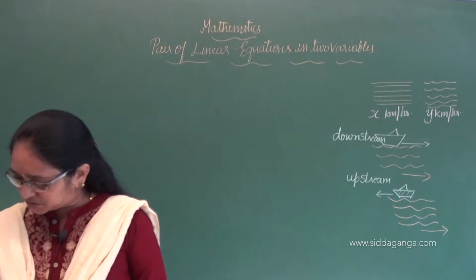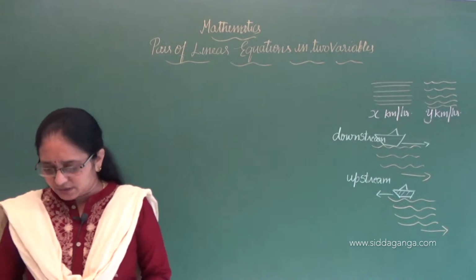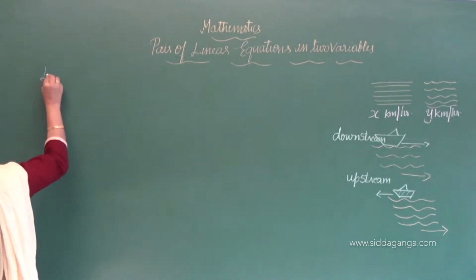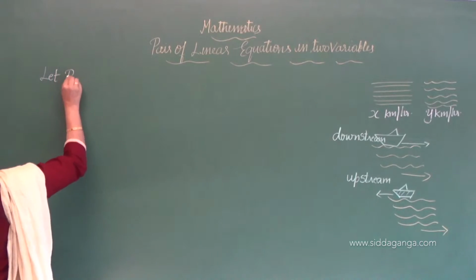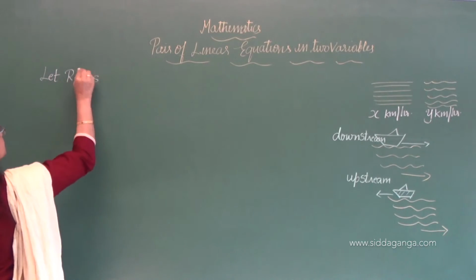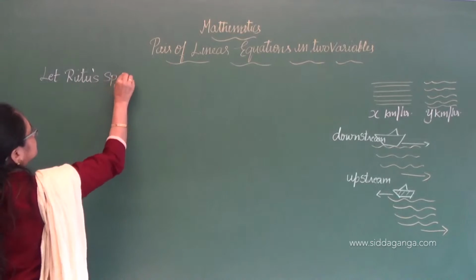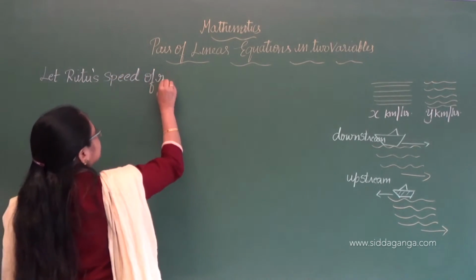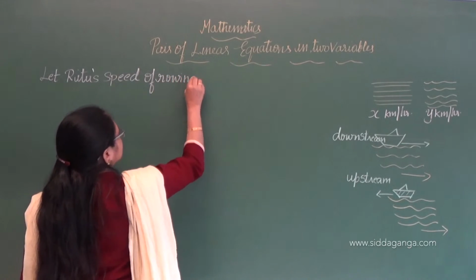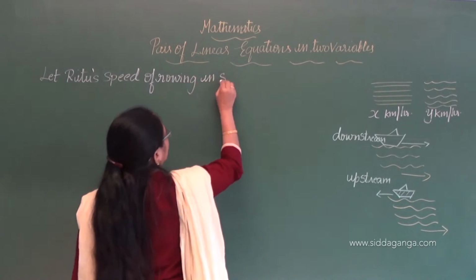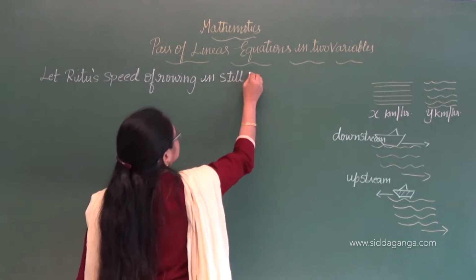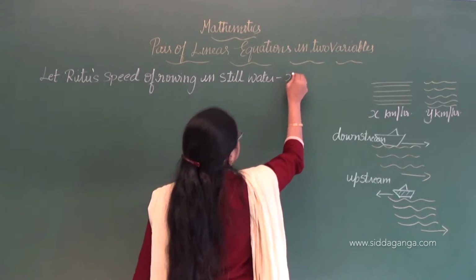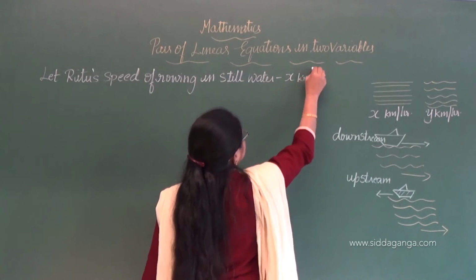Now you read the question and let us write what details we have taken here. Let Ritu's speed of rowing in still water be x km/h.